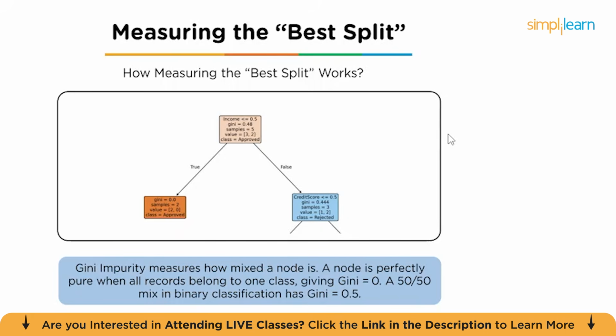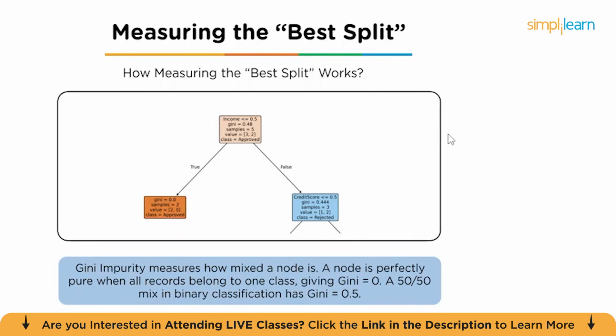So we have a 75-25 ratio, a 75% chance of approval and 25% chance of rejection. It's a squared probability measure, to be very precise.